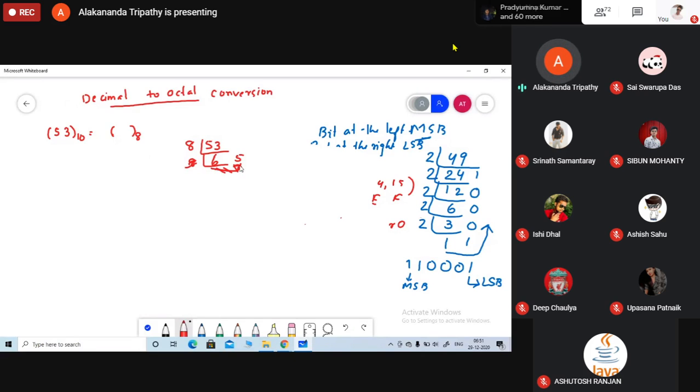So here we write it. What is the value? 65. Now convert 65 back to decimal. So 5 into 8 to the power 0, plus 6 into 8 to the power 1.